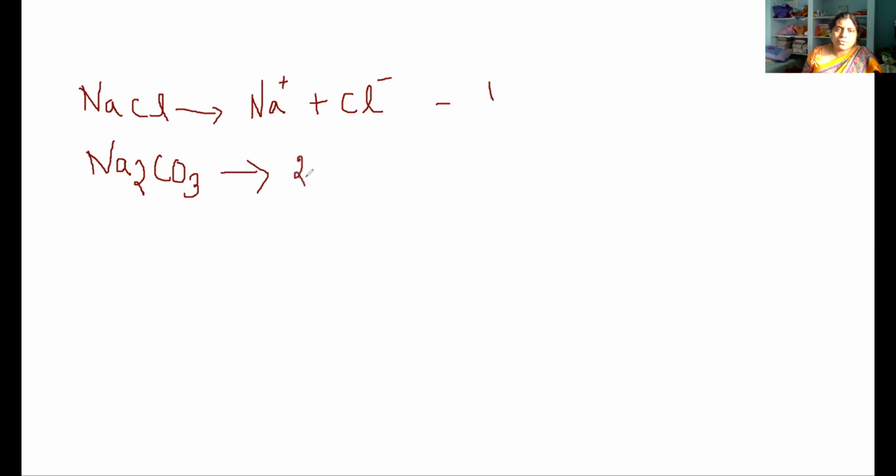So 2 sodiums, 2 Na plus, and the carbonate group, CO3 minus 2. Okay, what is the charge here? For 1 sodium plus 1, for 2 sodiums plus 2. So 2 positive charges, 2 negative charges. So what is the charge here? 2.